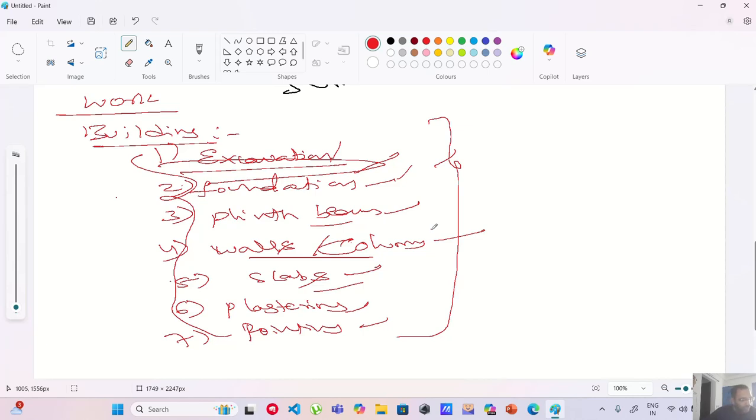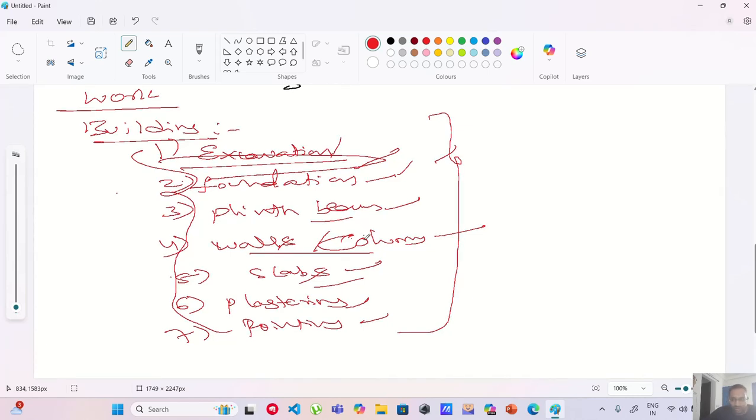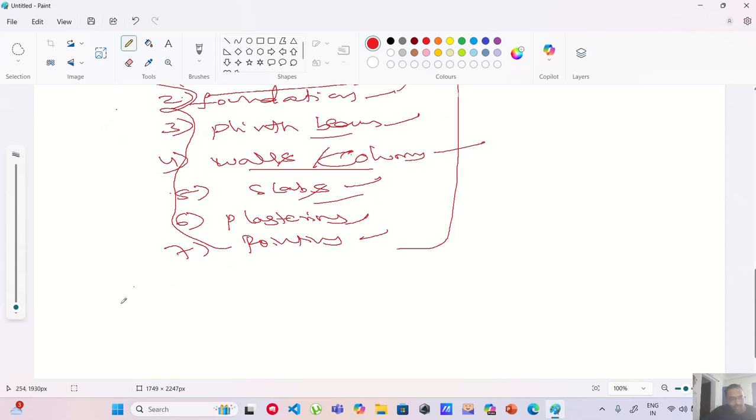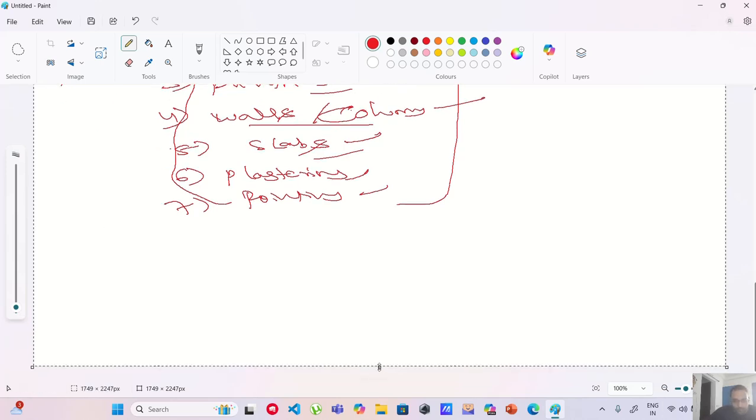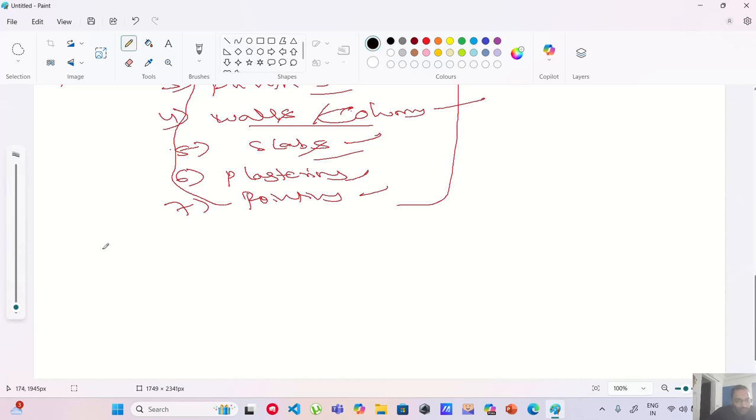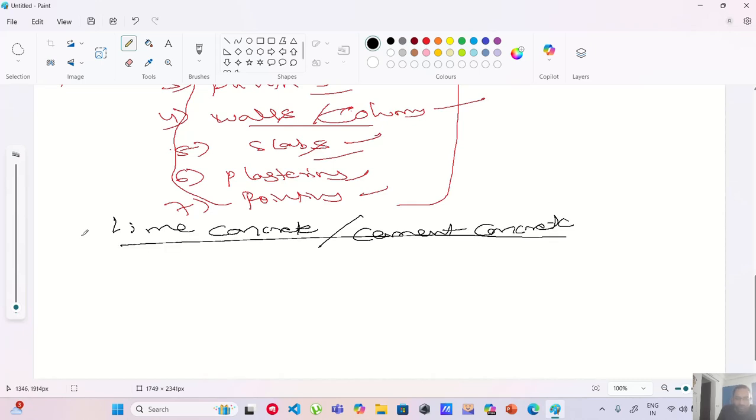And next we'll go to, for example, the foundation. I'll start from one simple example for better understanding. For example, lime concrete work or cement concrete work. And we know about this concrete.